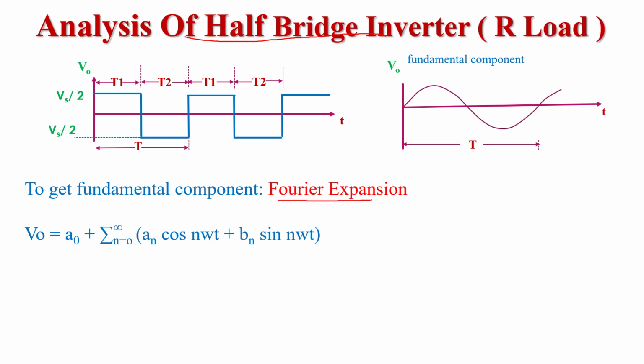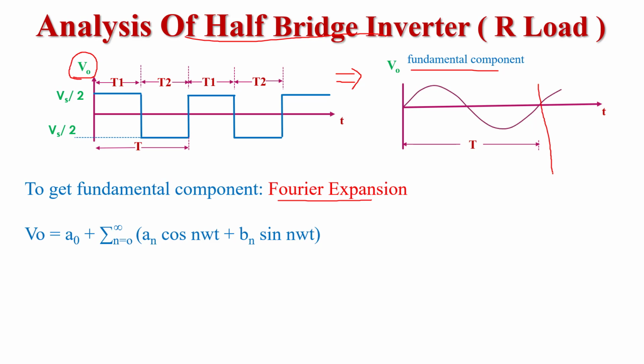And why do we do analysis? Because we know that our half bridge inverter circuit produces a square wave output. If we want to split or break this output voltage into several components, just like the first component is the fundamental component, the second component is the second harmonic or the third harmonic of the component.